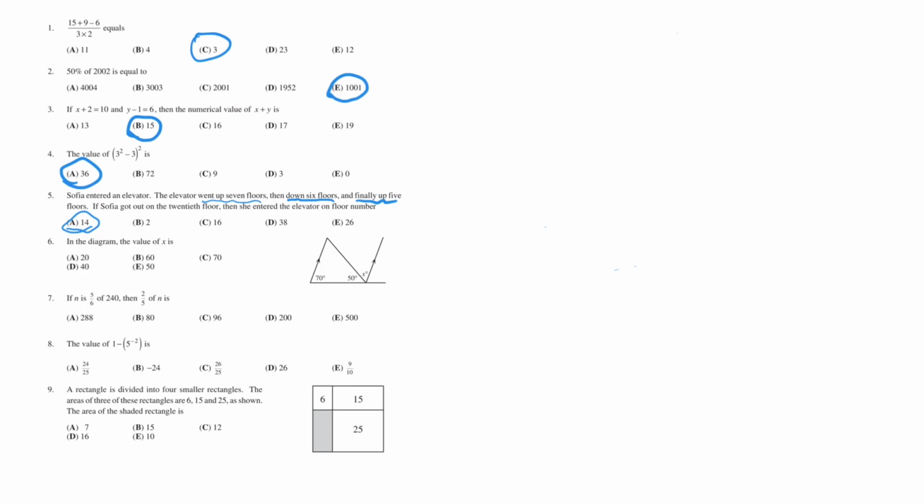Number 6. In the diagram, the value of x is. In this diagram, two lines with the arrow mean they are parallel. For the two parallel lines, the alternate interior angles, marked with the arc, are equal.